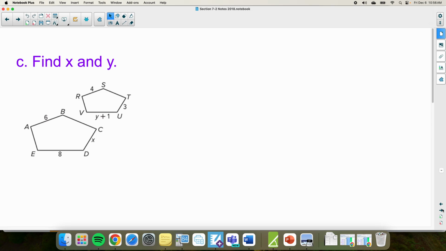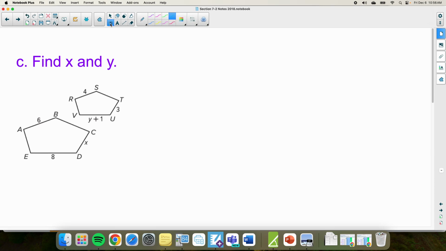So what we would do for this one is we would assume that this side here would correspond with that side there just by how they're drawn, okay? So we would know then that this side and this side are proportional, or corresponding, you can think of. And then we need to find x and we need to find y.